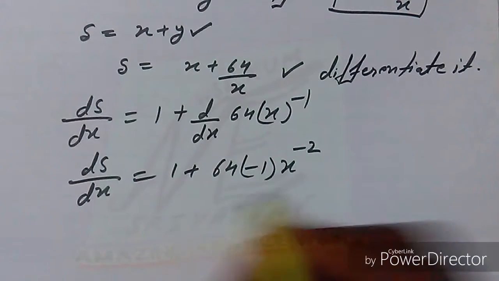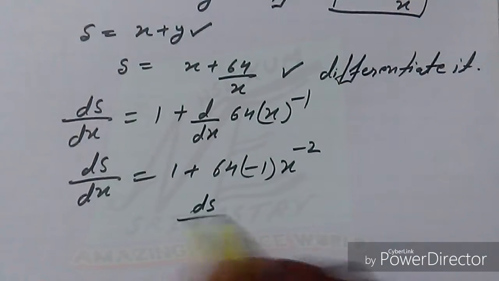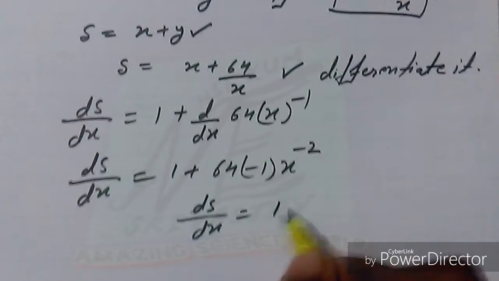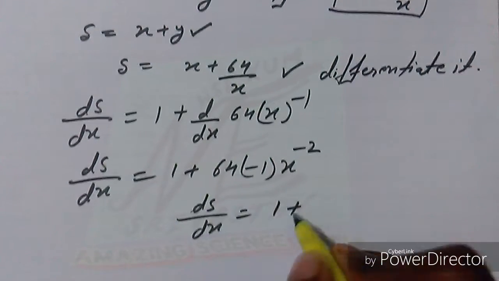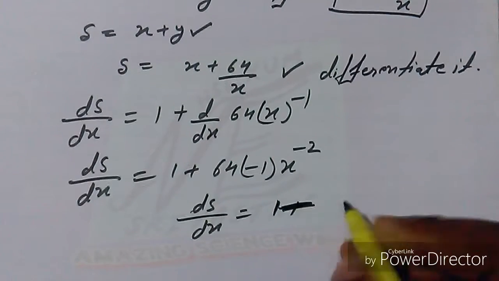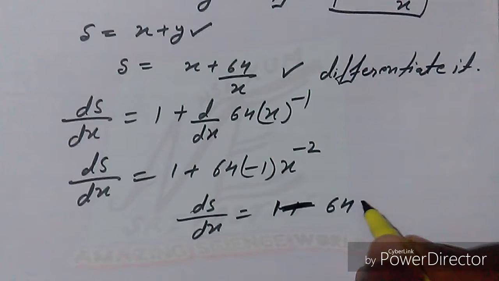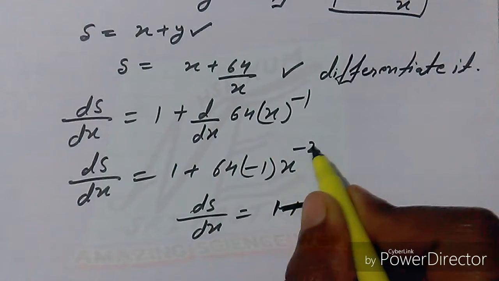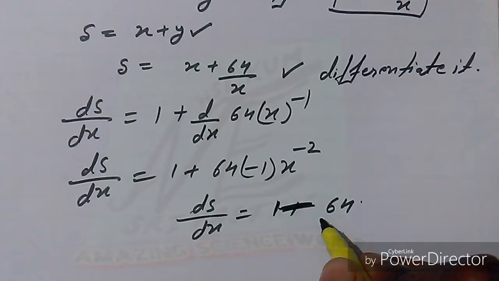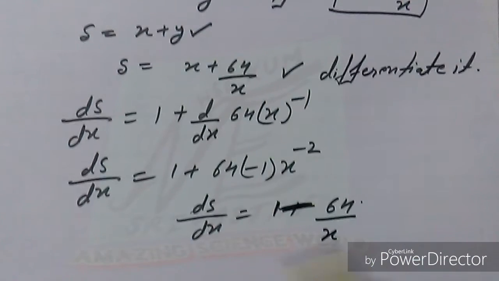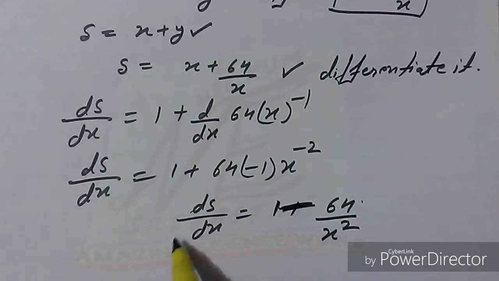So ds by dx is equal to 1 minus 64 by x square, with x square in the denominator.